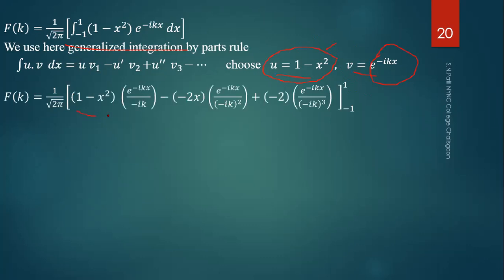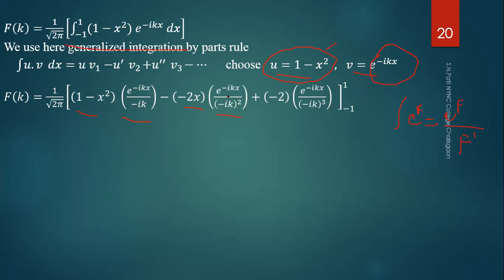This is u, this is v. The derivative of u, that is the derivative of this bracket, is -2x. This is v2, this is v1. v1 means the integration of v. v is the exponential function, and the integration of an exponential function is the exponential function e raised to the function, with the derivative of that function in the denominator, that is the derivative of -ikx, which is -ik. Similarly, v2 is the integration of v1. Don't simplify, keep this bracket as it is.